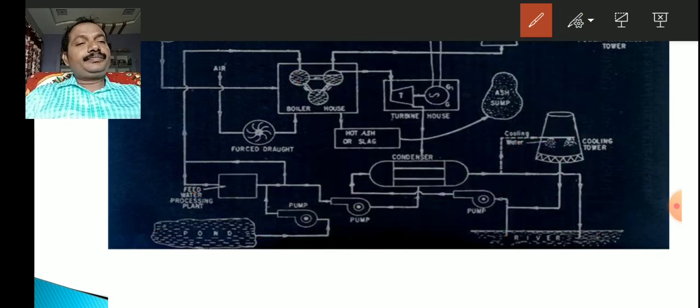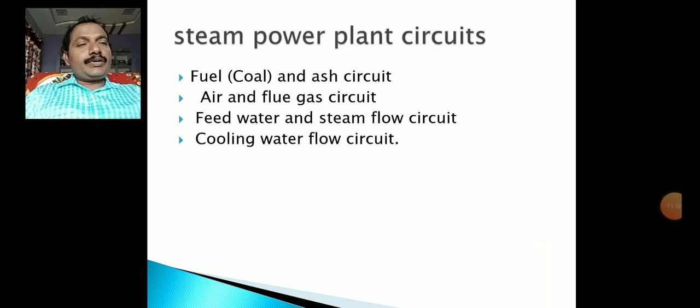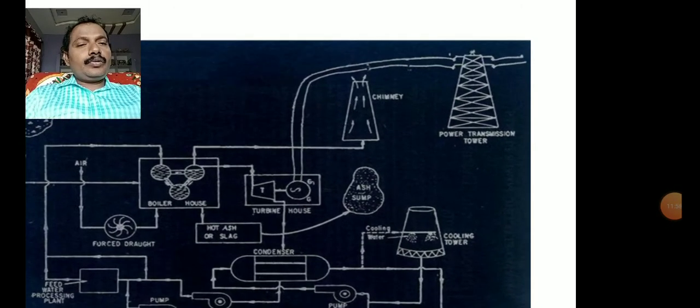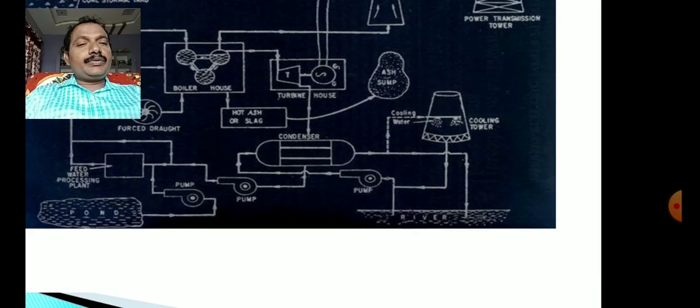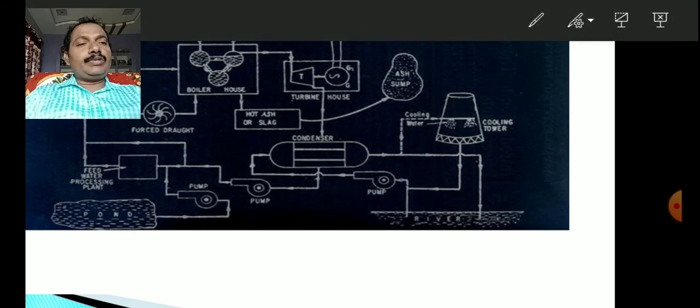Next, the last circuit is the cooling water flow circuit. You see, this is the cooling water flow circuit here. If you observe, the hot condensate is pumped into the cooling water tower.